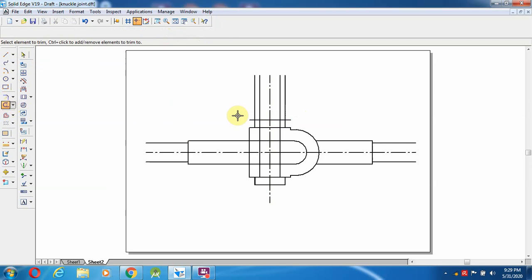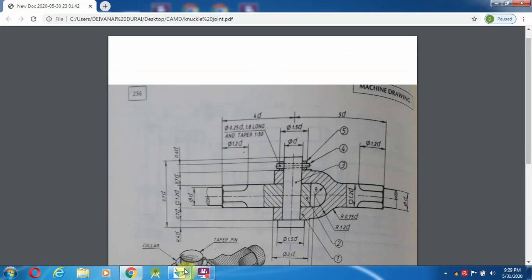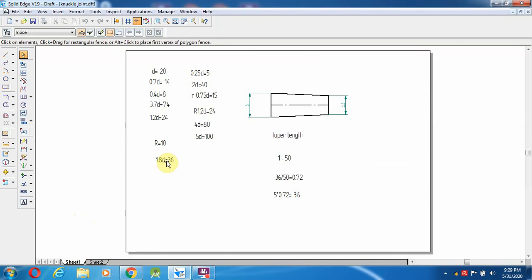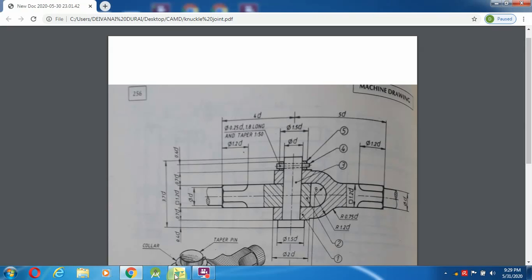Go for the option called trim. Even this is not required, even this one. Now, as of now, we have completed this. What is the length of the pin? The length of the pin is 3.7D, and the value of 3.7D is 74 mm.